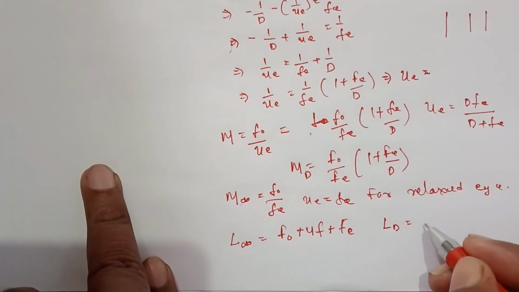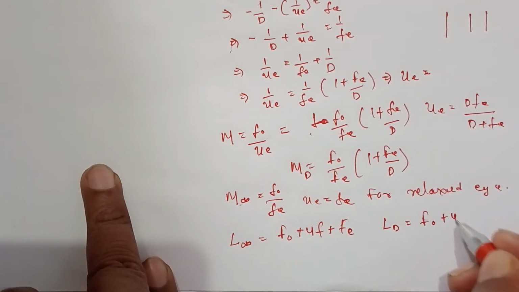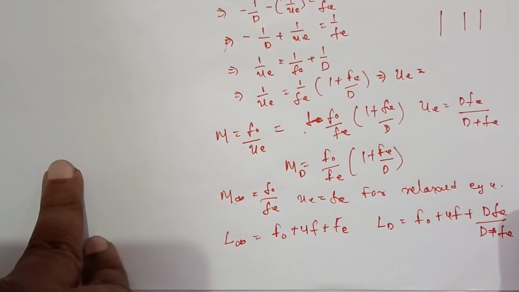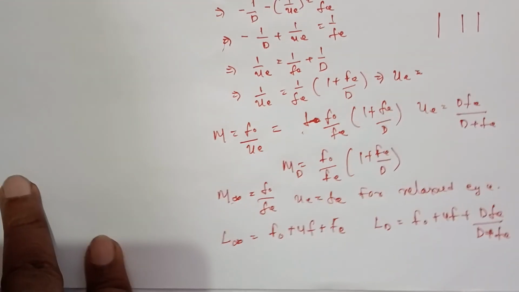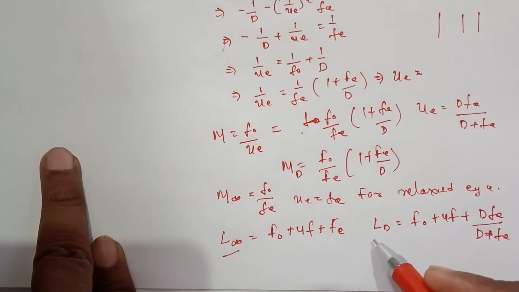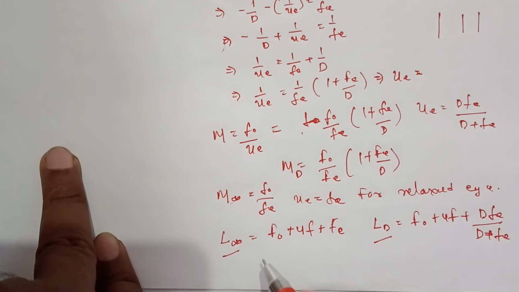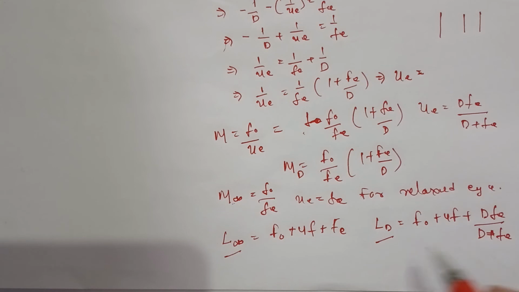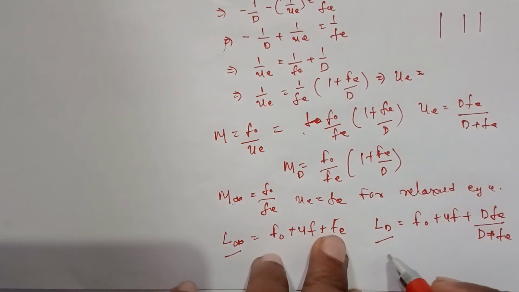So LD is equal to f naught plus 4f plus dfe by d plus fe. So we have found the results L infinity and LD. This is the length at the relaxed eye condition, and this is the length of the terrestrial telescope when the image is found at D.